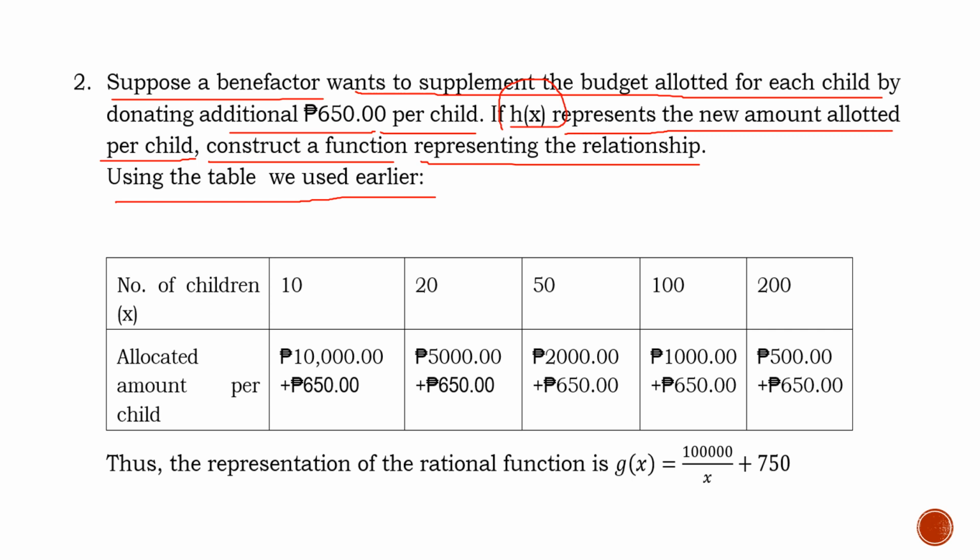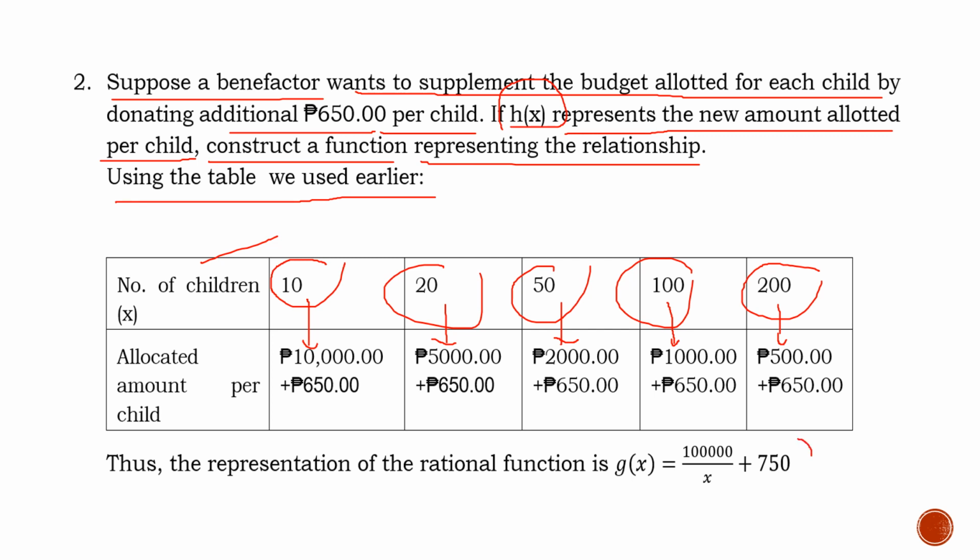For 10, 20, 50, 100, and 200 children, the allocated amounts are 10,000, 5,000, 2,000, 1,000, and 500 pesos. Now we simply add 650 to each.